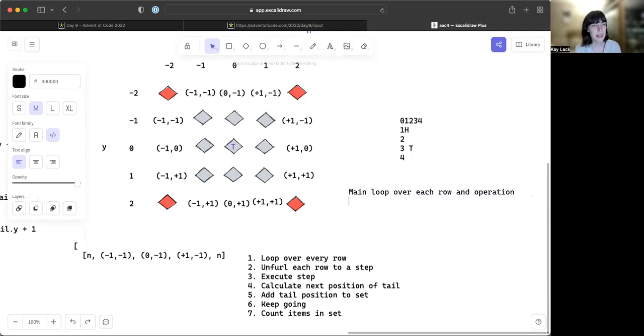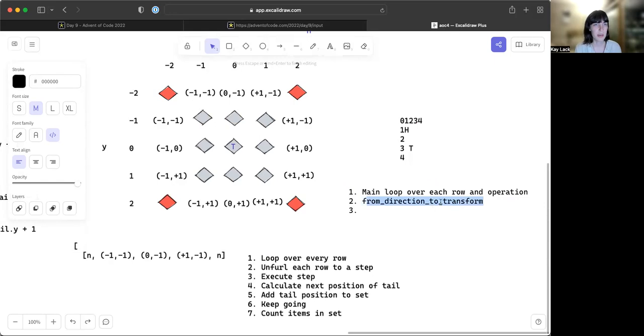We're going to need to have a map from direction to transform or translate.